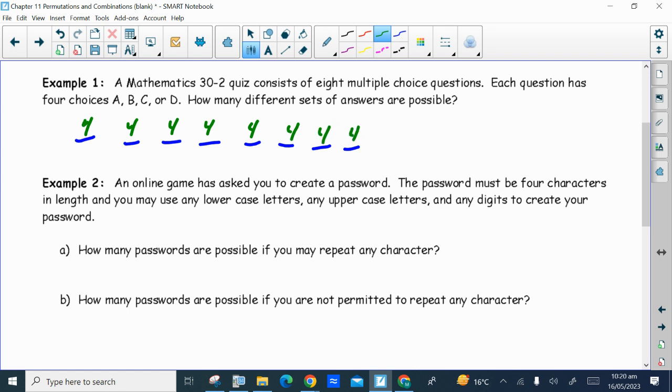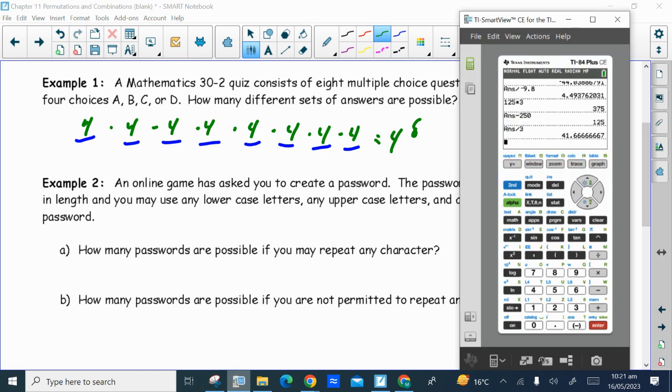So when we're using this fundamental counting principle, we'll always start by writing down our spaces. And as we've seen, the fundamental counting principle says you're going to multiply these numbers together. So you could write it like that, or you could also write it as 4 to the power 8, because you're multiplying 4 by itself 8 times.